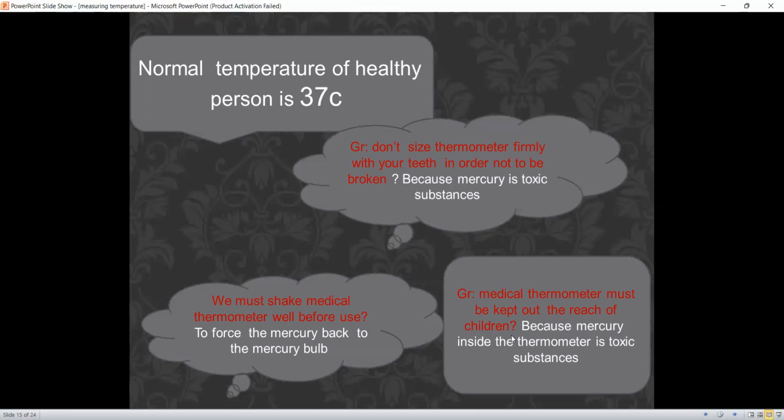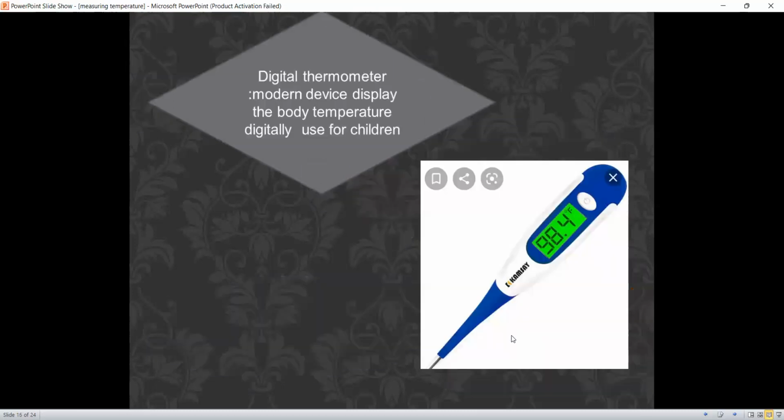So in order to not be broken, we prefer to use the digital thermometer for children. It's a modern device that displays the body temperature digitally. This is medical or digital?